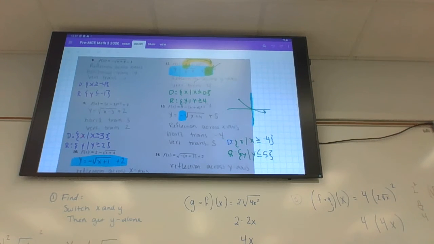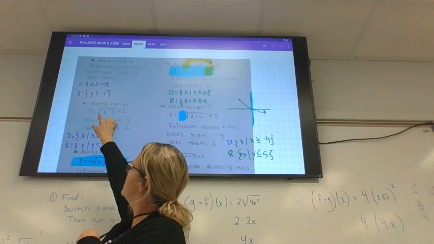Number 8, so flip your paper over. Did I show answers for the entire front yesterday in class? I can go back. Okay, so number 8 was the reflection across the x-axis, a horizontal translation of -4, and a vertical translation of -1. Number 9, you rewrite as a square root.